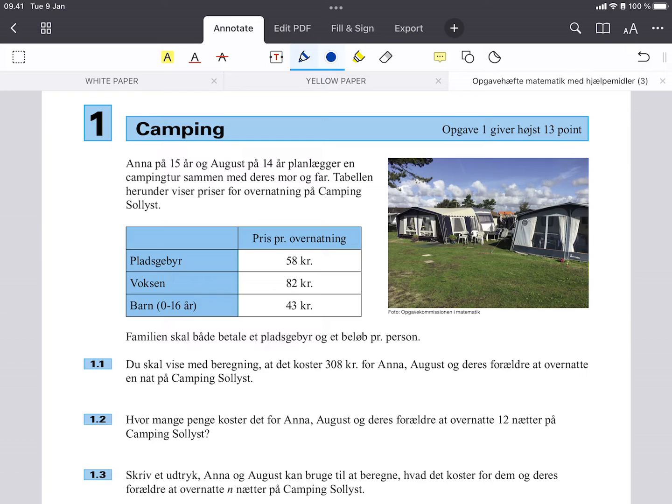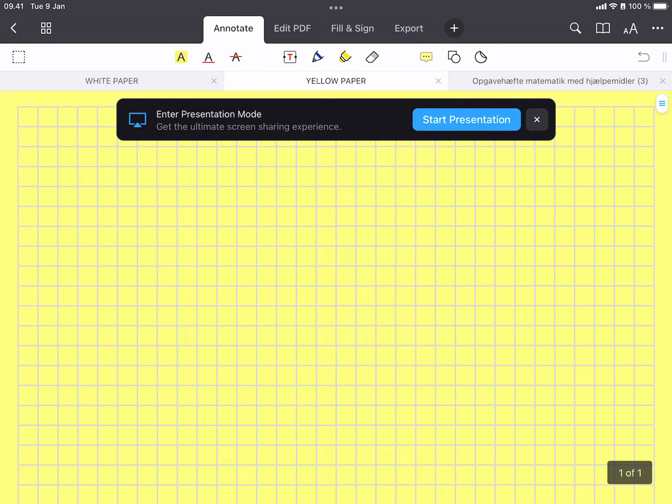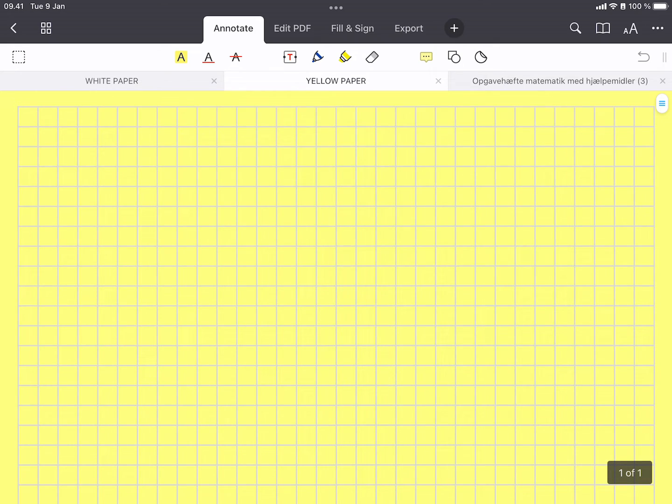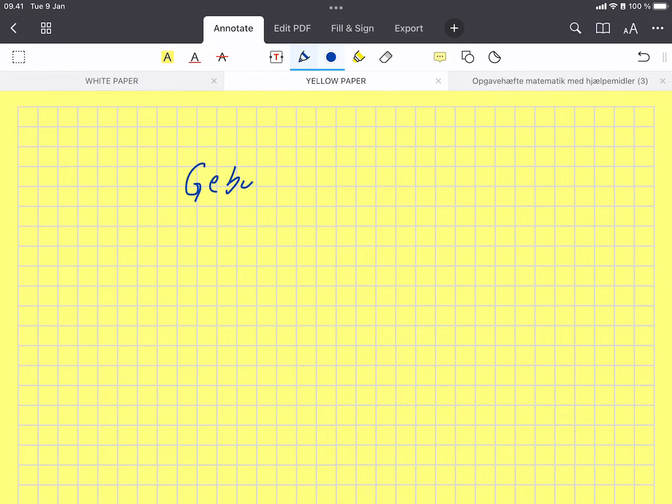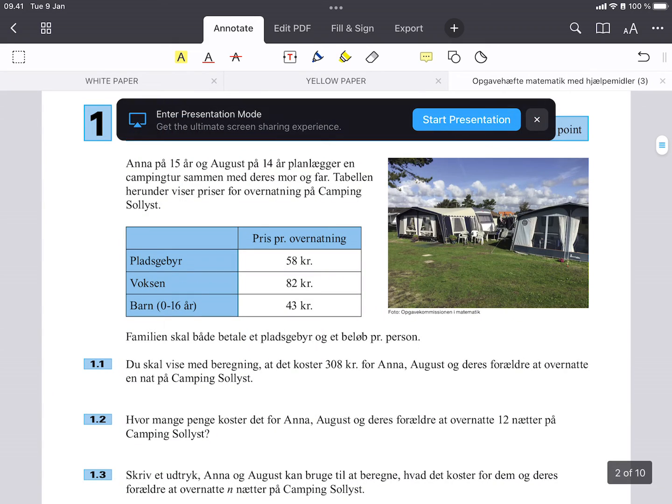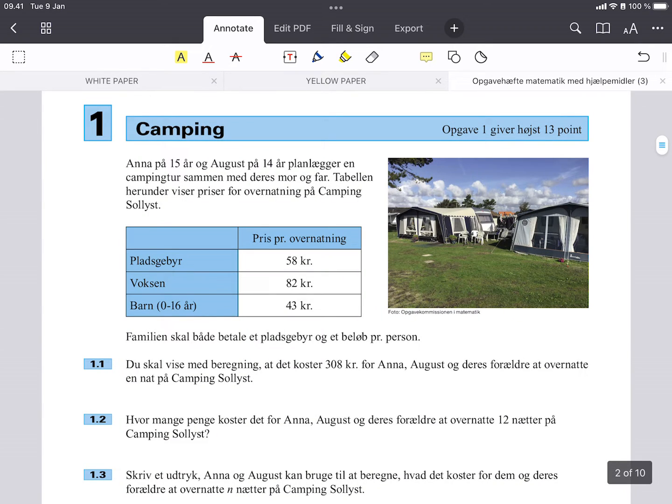So quite helpful that they've given you the answer, so you know what you're aiming for. So the family consists of 2 children and their mother and their father and the camping place. So I'm just going to go to my yellow paper and do the rough calculation. So the general charge, Gebühr, let me just go back, I wish I could stop that popping up, is 58.